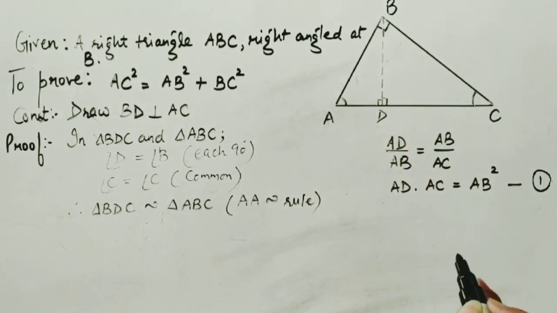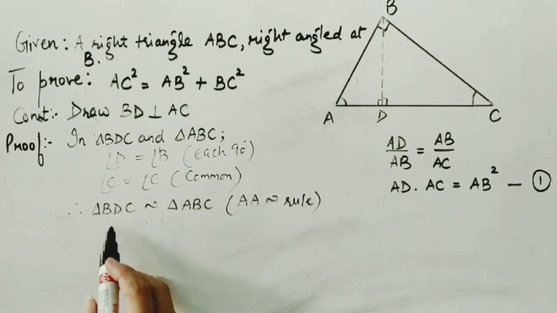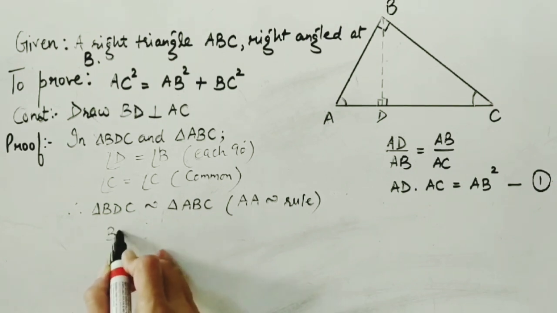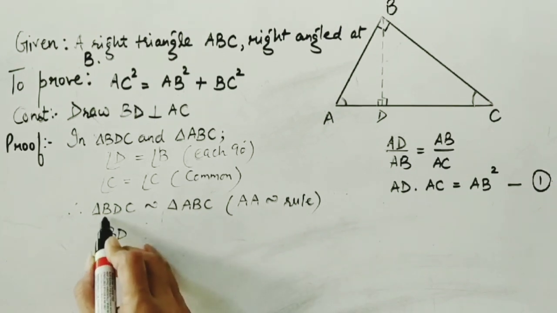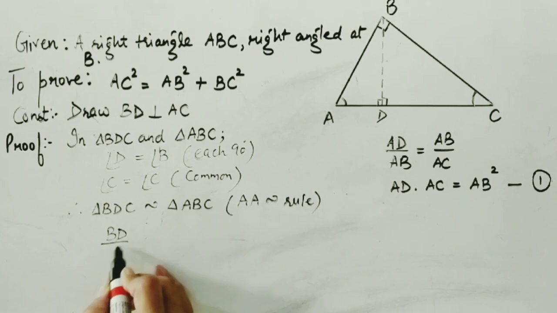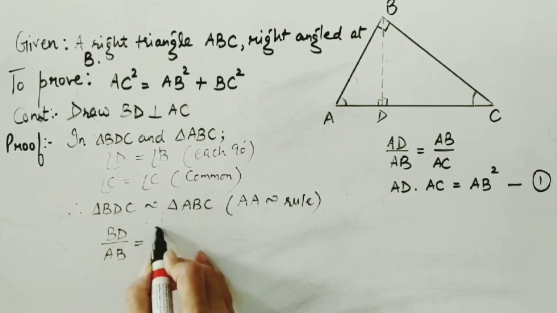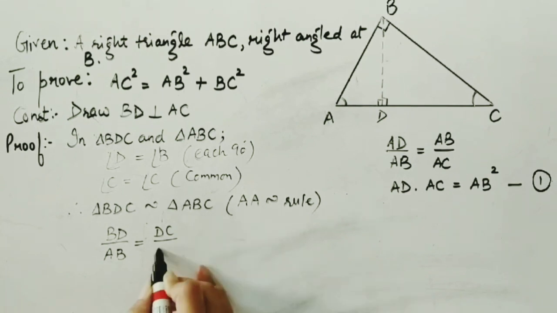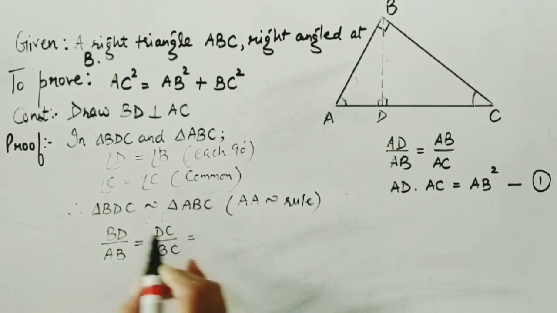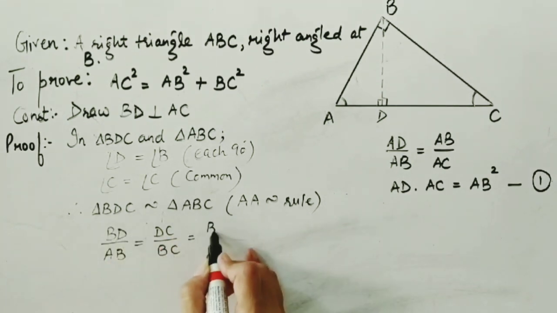If these triangles are similar, definitely sides are divided in the same ratio. When you talk about sides, it's always easy to pick from the symbolic formation. So I would be taking the ratio of sides from here, BD upon AB is equal to DC upon BC, and that's equal to BC upon AC.